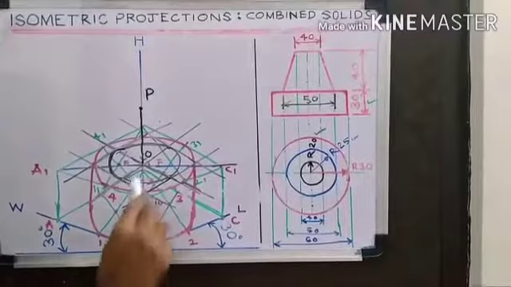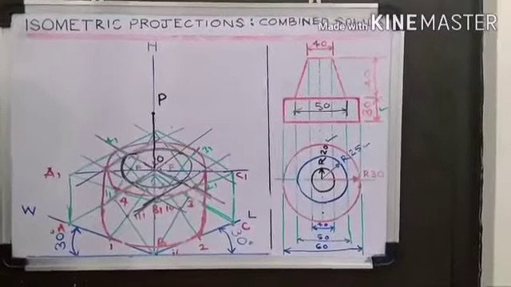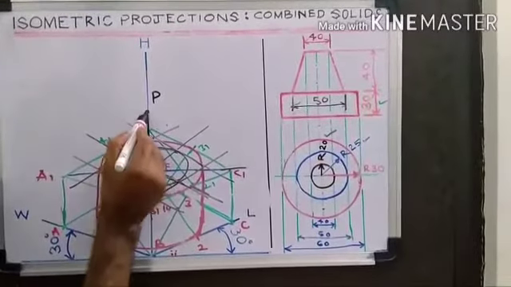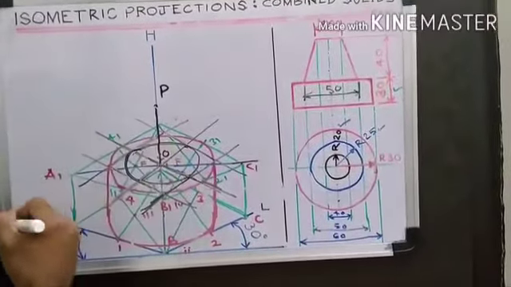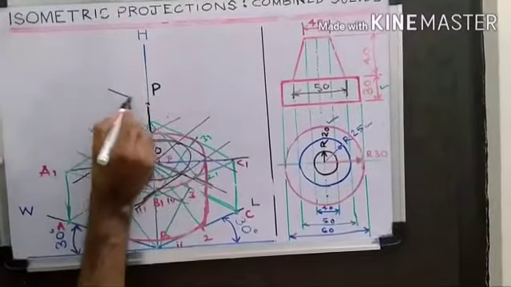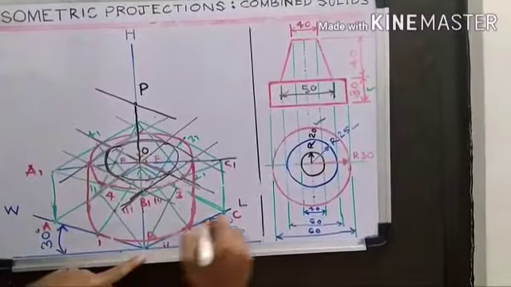Right circular cone frustum. Now from this point it is going to be most important for you. Passing through P, draw a parallel line to A1B1. Passing through P, draw a parallel line to BC.